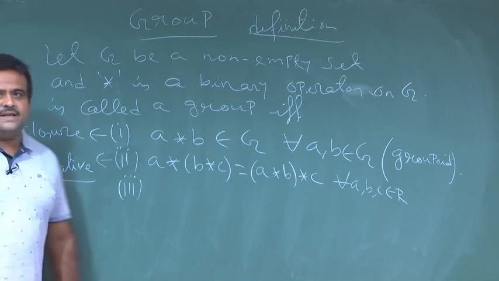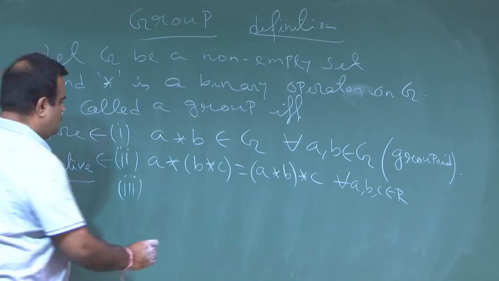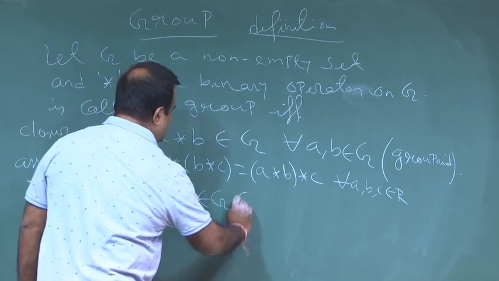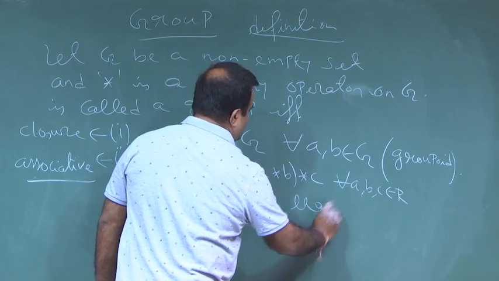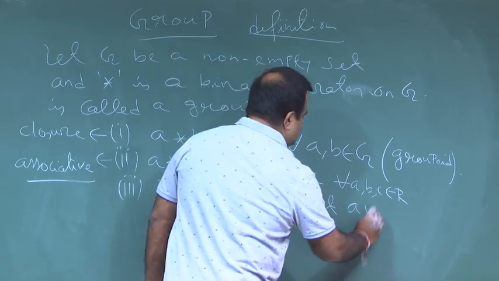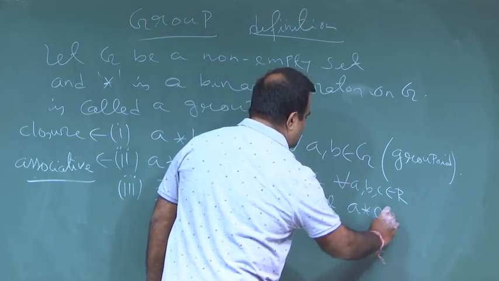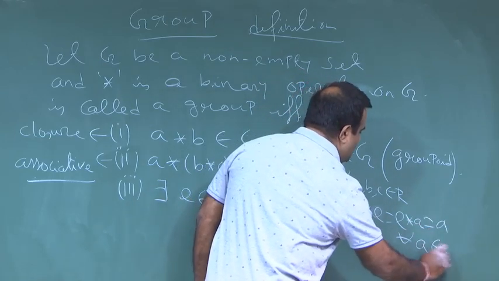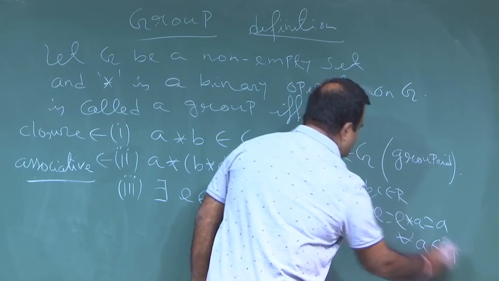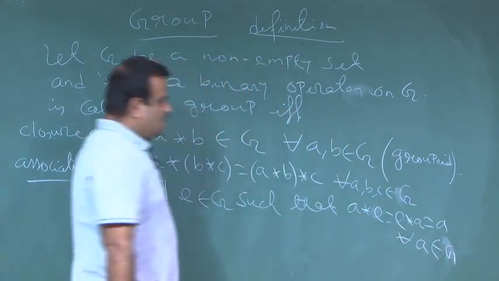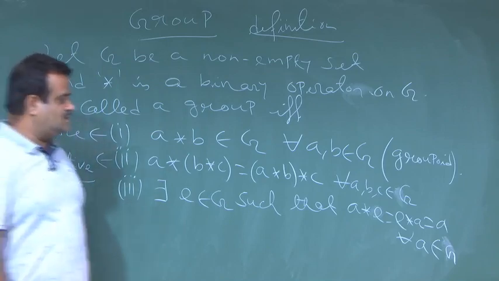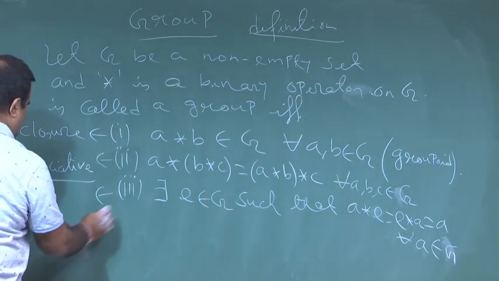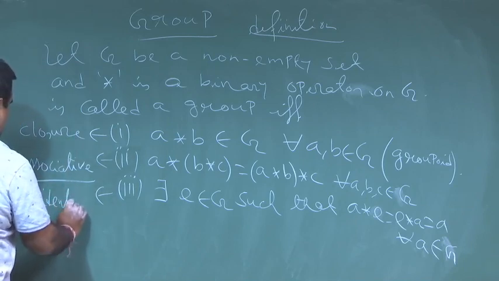And the next one is existence of identity. So, there must exist an element E from G such that A star E is equal to E star A is equal to A, and this is true for all A in G. So, this is the existence of identity, and this is the identity element.